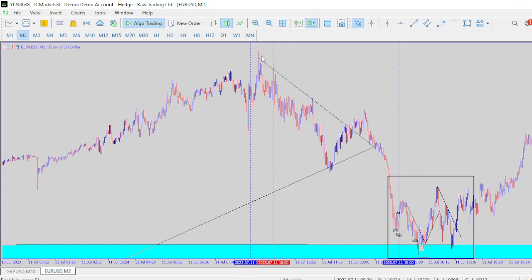So Frankfurt opened and took this liquidity and continued to the downside, and London opened and created this trendline liquidity and reacted off this M30 trend line and continued to break this trend line to the upside, and a lot of people were buying at this point and they were taken out.